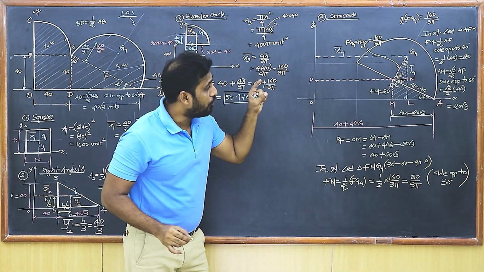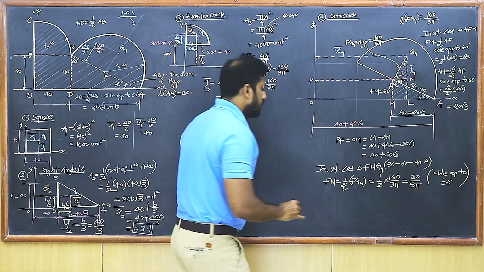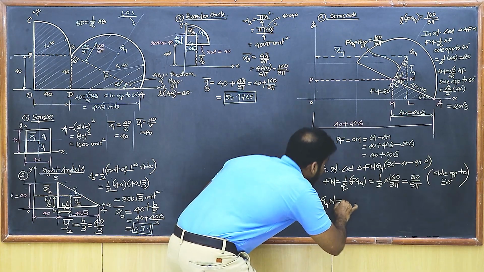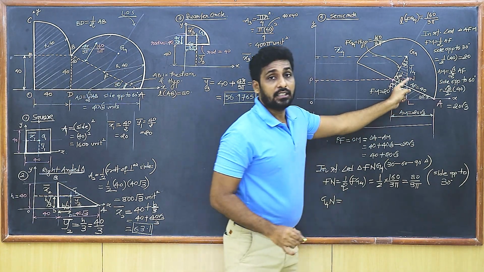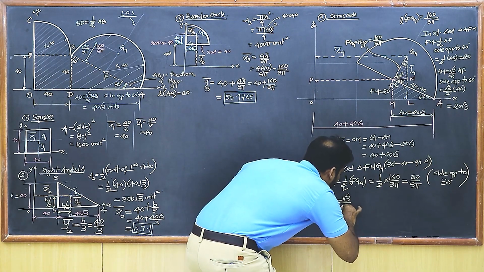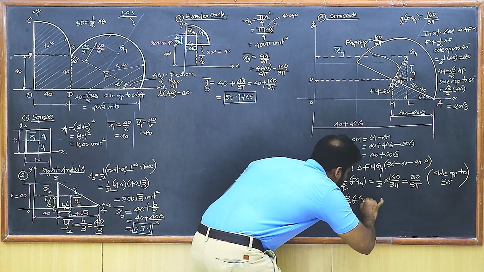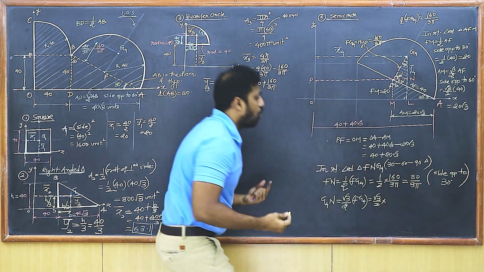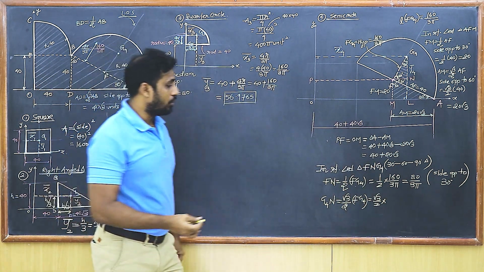Let's very quickly get the value of G4n also. So students, this G4n, it is a side opposite to 60 degrees. So it is going to be root 3 upon 2 times the hypotenuse, which is FG4. So that's root 3 upon 2 into, what's the hypotenuse? It is again 160 upon 3 pi.